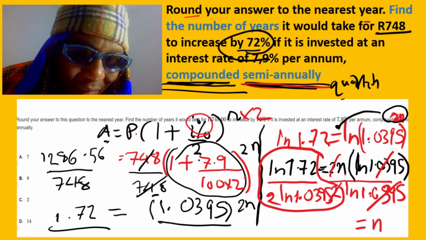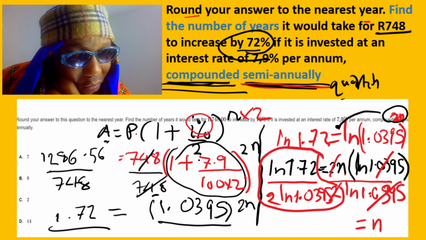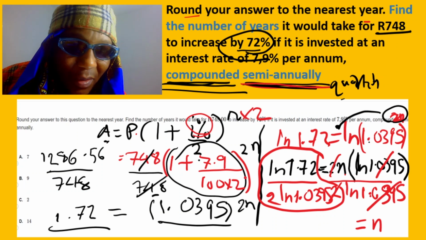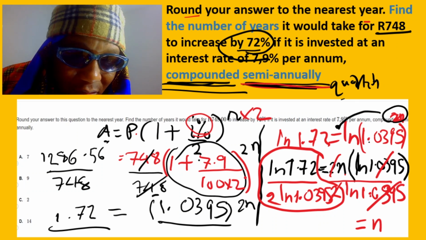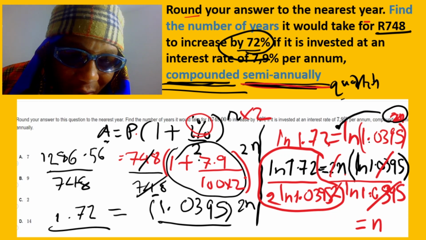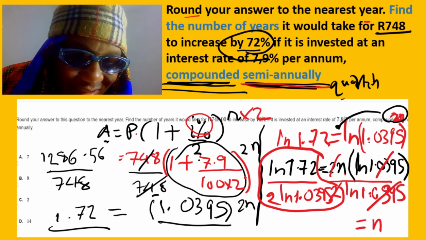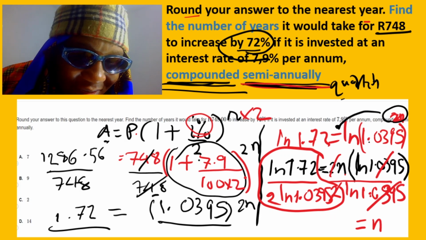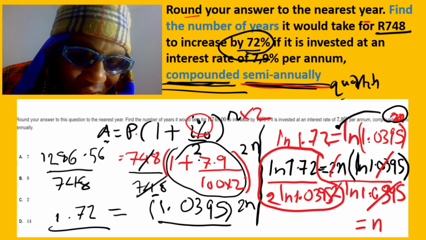Go to the bottom, and we have a 2, our number is 2, and then ln of 1.0395, and then let's close. And that's going to give us what? Did I say 2 here?